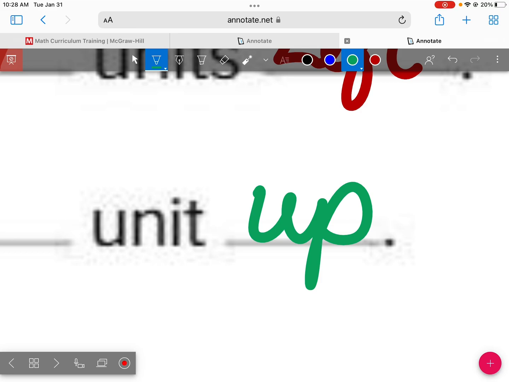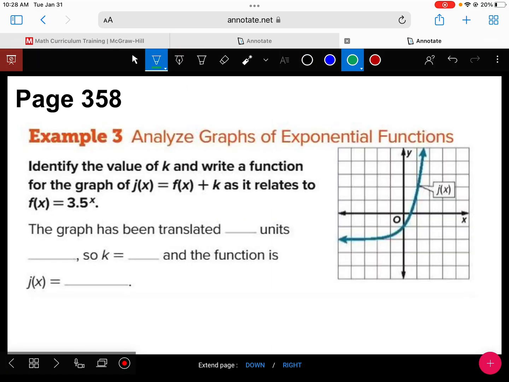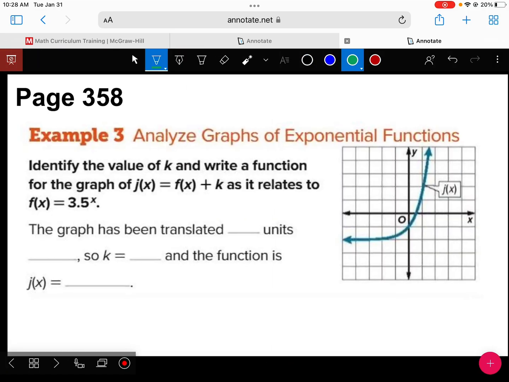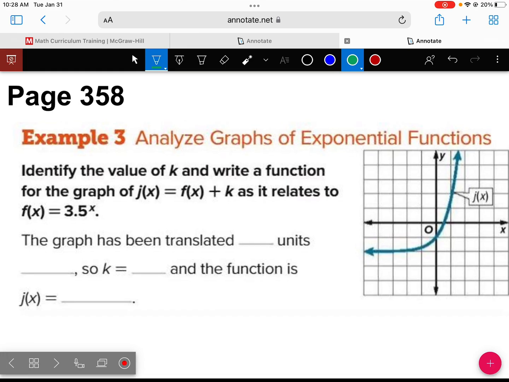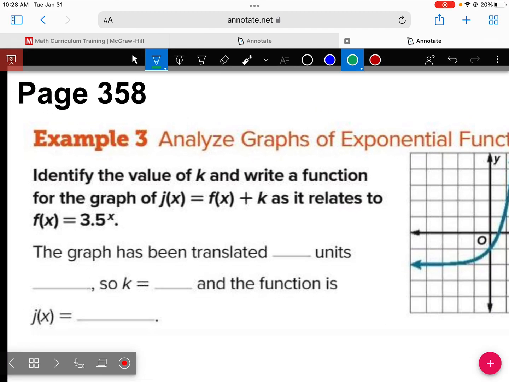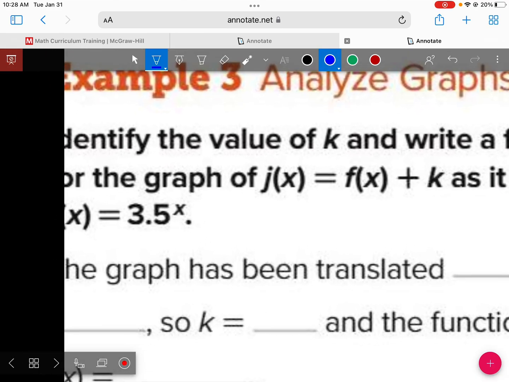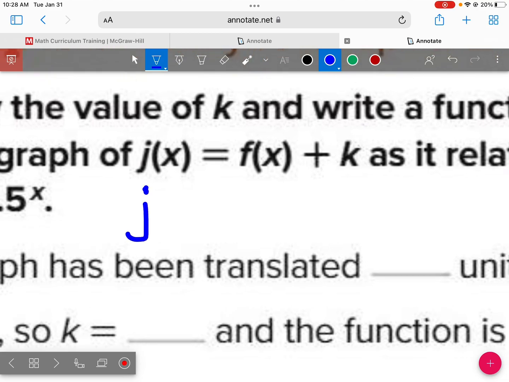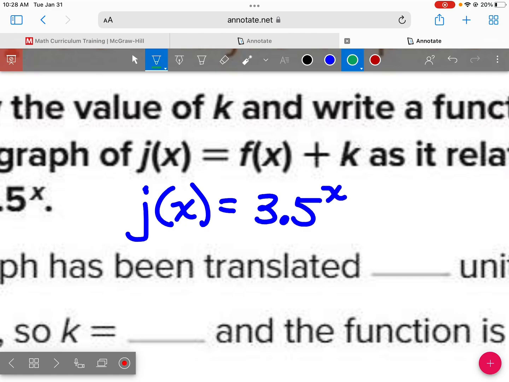All right. Let's look at the next example, example 3, just a little bit further down the page. This is a transformation of f of x. So j of x, which is what they have graphed, is equal to 3.5 to the power of x plus something, plus a k value.